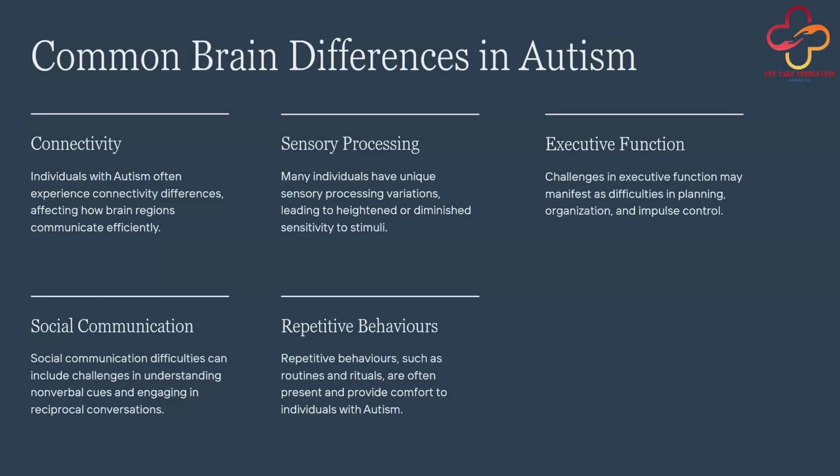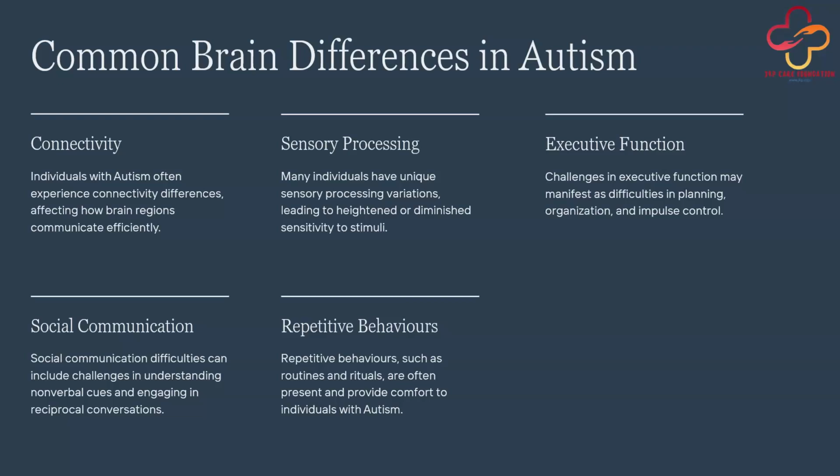I've just given you an example of a cinema hall, but it applies to all the senses: touch, taste, all the senses. When there is a processing delay or sensory processing disorder, which is there in 96% of children with autism, that reflects into behavior.